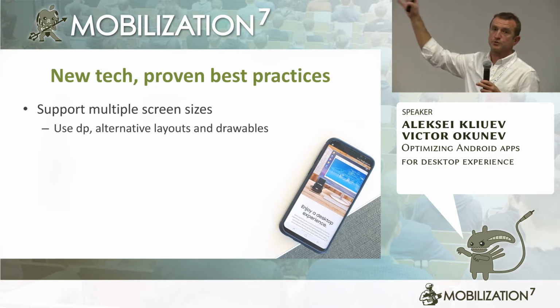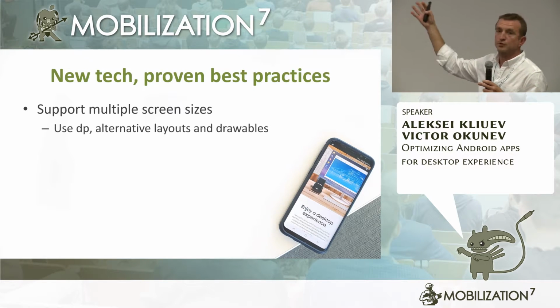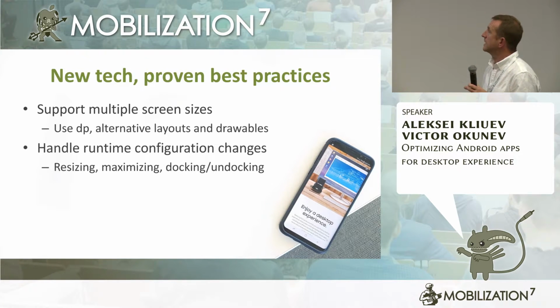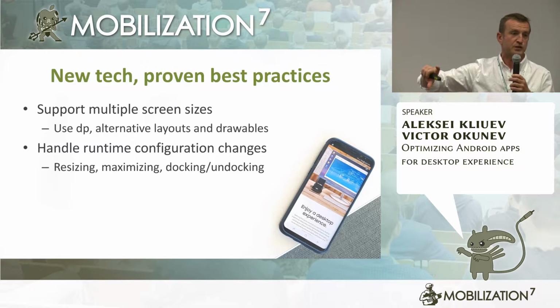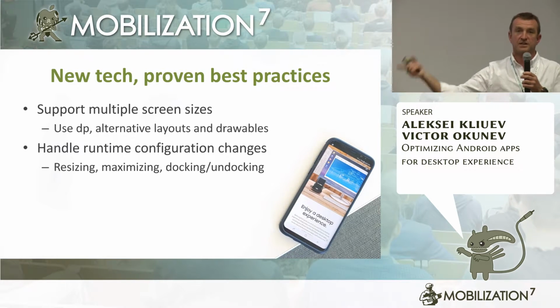Specifically, don't use physical pixels, use density pixels in your layouts. Use alternative resources for desktop mode and for mobile mode. Handle runtime configuration changes. In Android, every time you flip your phone from portrait to landscape, you know that Android kills the activity and restarts it.